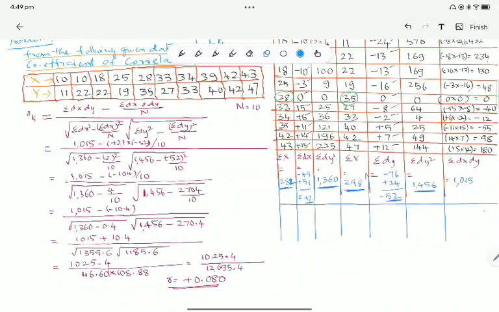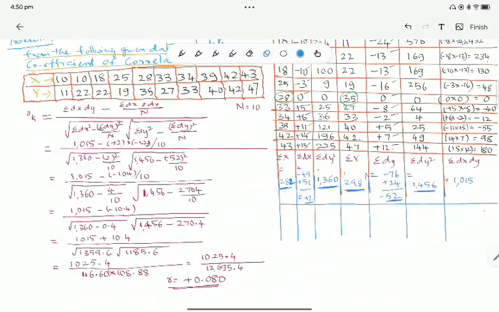Plus 10.4, all divided by 1360 minus 0.4, which becomes 1359.6, take the under root as it is. Again 1456 minus 270.4, its value is 1185.6, take the root as it is.